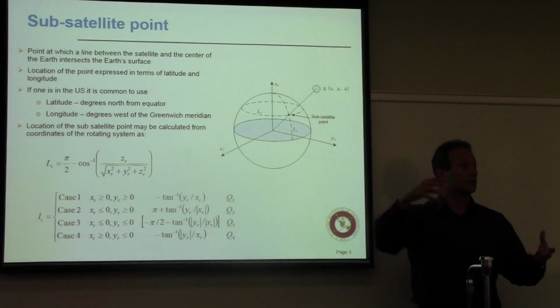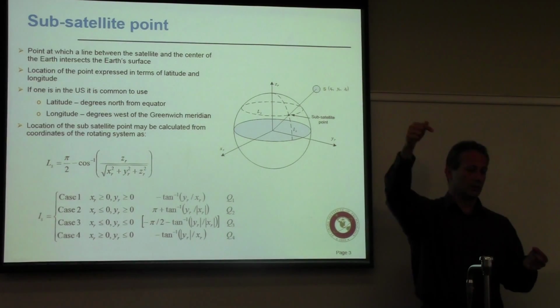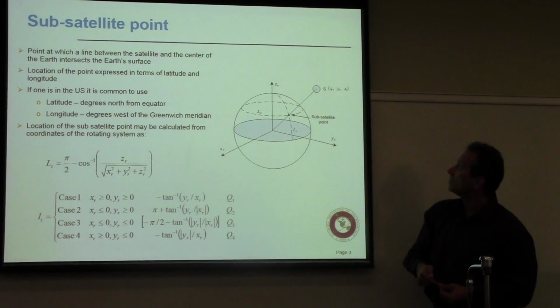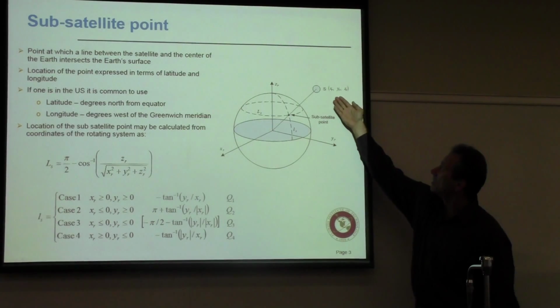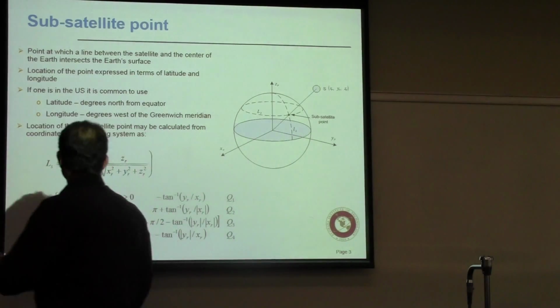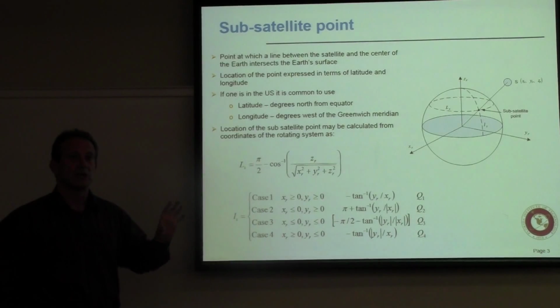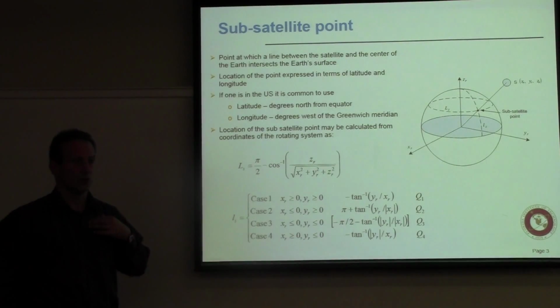It's a projection of the satellite point on the surface of the Earth, and that is on the line that connects satellite to center of the Earth. Right? So if you know these coordinates, XR, YR, and ZR, then what you need to do is you need to determine the latitude and the longitude of the SubSatellite point on the surface of the globe.